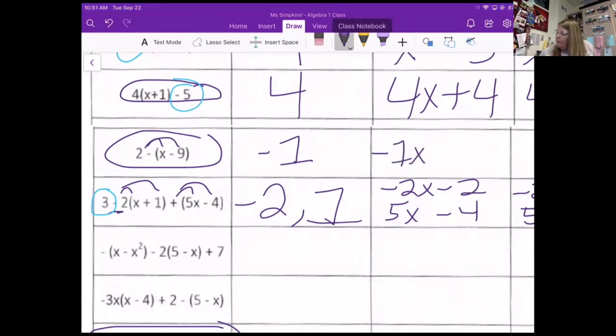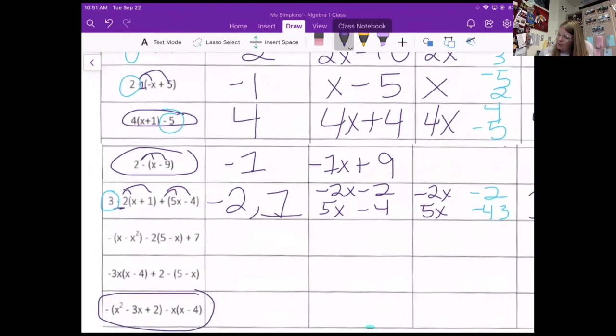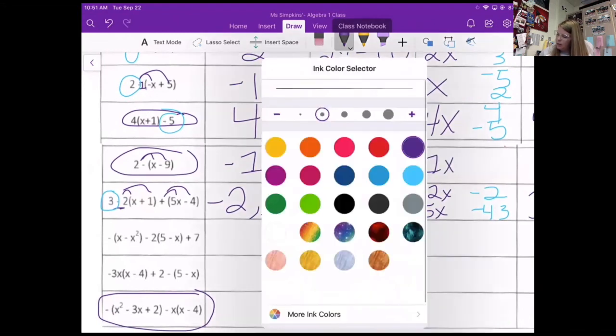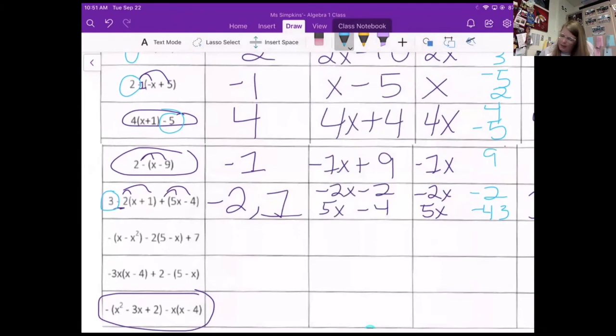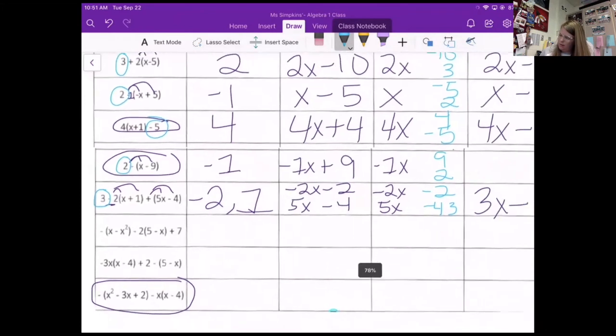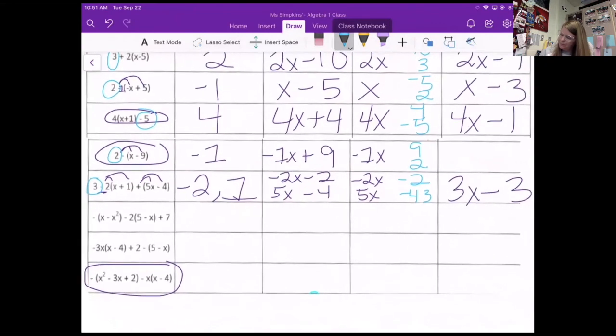And then -1 times -9 would change to a +9. So we do have some like terms. So we have -1x, and then my constant terms would be 9, and then we have that 2 out in front of the parentheses. So if we were to combine those, we would get -x or -1x plus 11 for that first one.